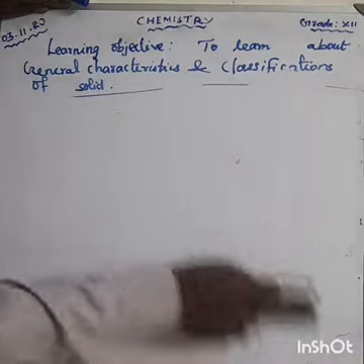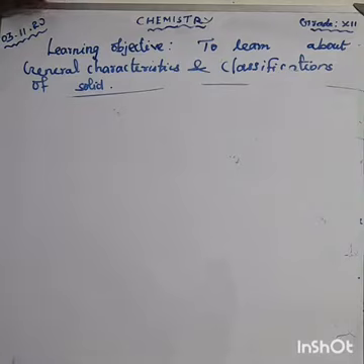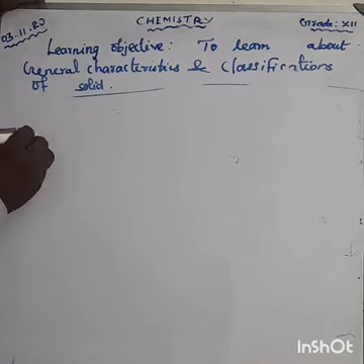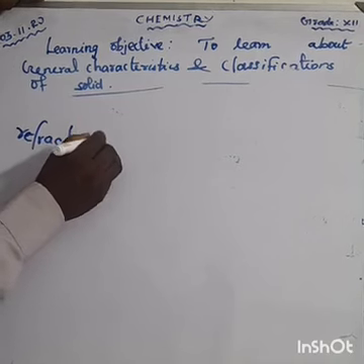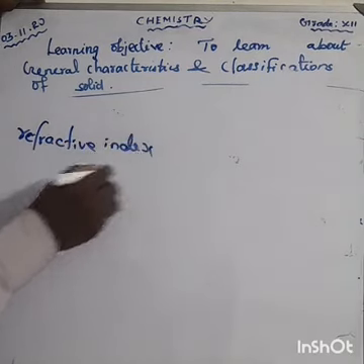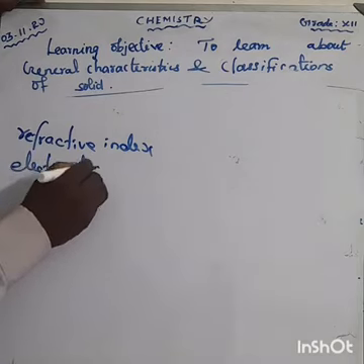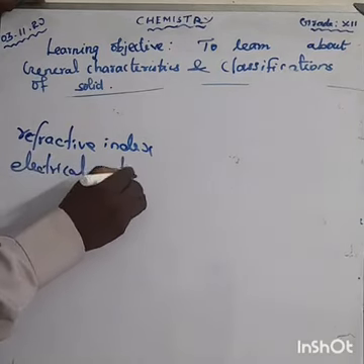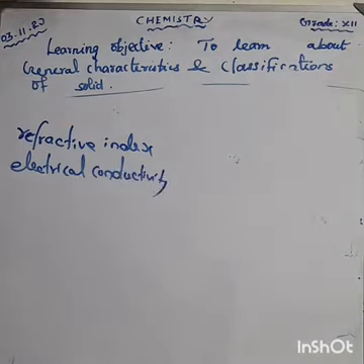For example, in the solid state, isotropic solids have identical values of physical properties such as refractive index, electrical conductivity, etc., in all directions.